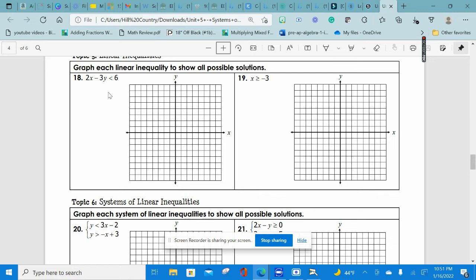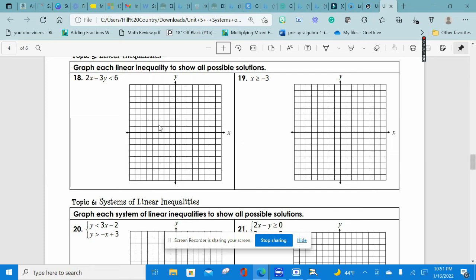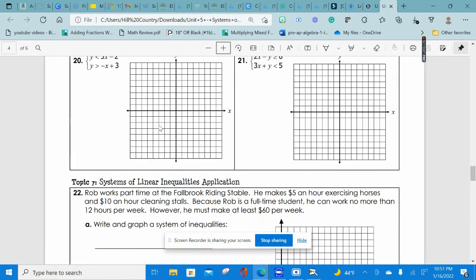So subtract the 2x over to this side, divide by -3 everywhere. Remember, you would have to flip the inequality symbol, and then you again plot your y-intercept, do your rise over run, and then shade. But I know you're kind of like, well, Miss Posey, can you do it? But again, this one's just one line. It's really easy. But let me show you now with number 20.